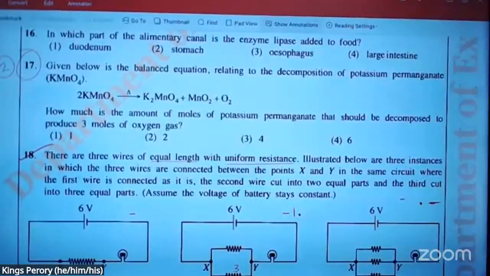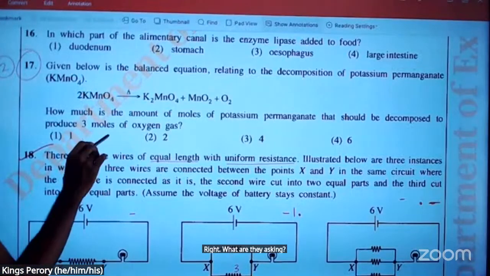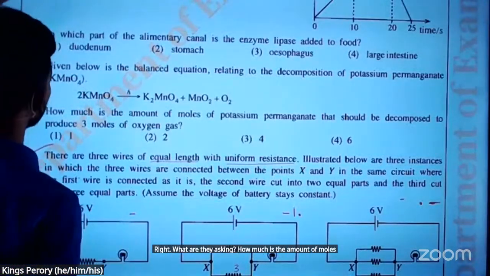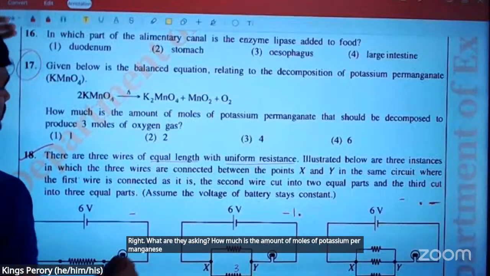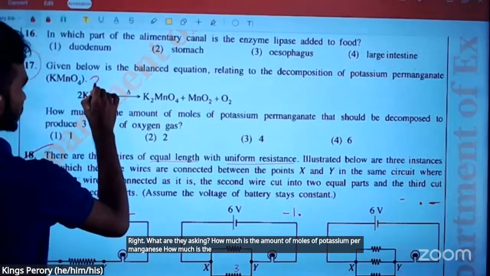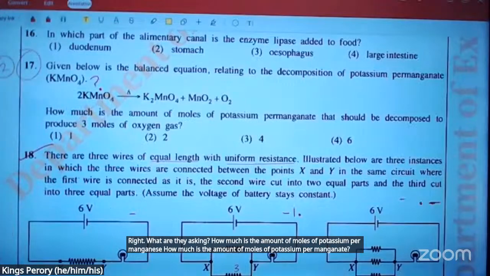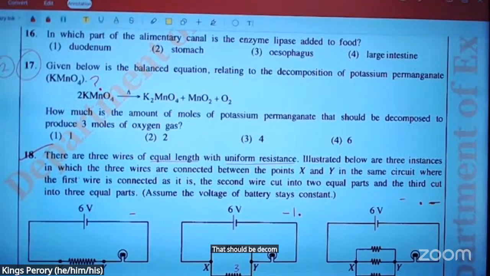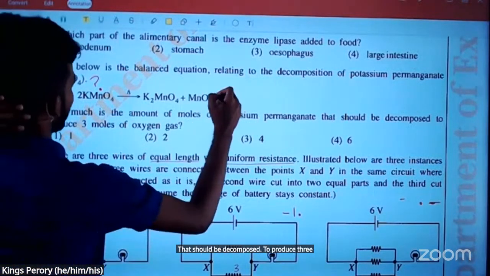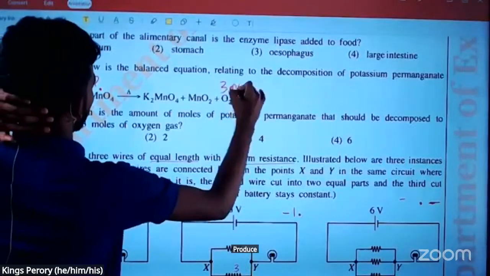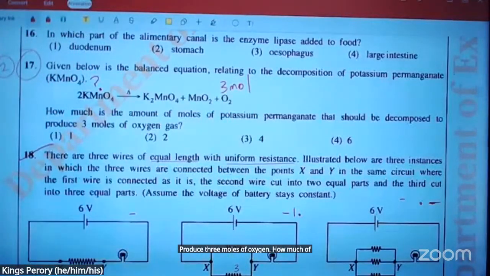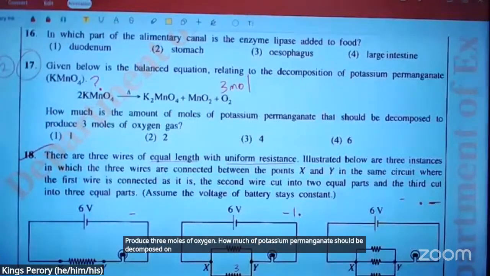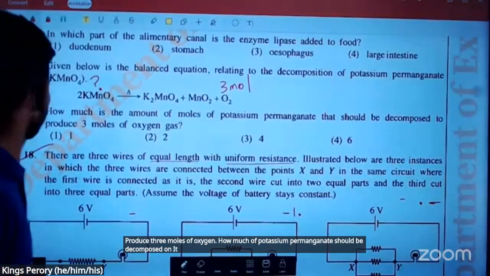What are they asking? How many moles of potassium permanganate should be decomposed to produce 3 moles of oxygen? It's a stoichiometry based question.